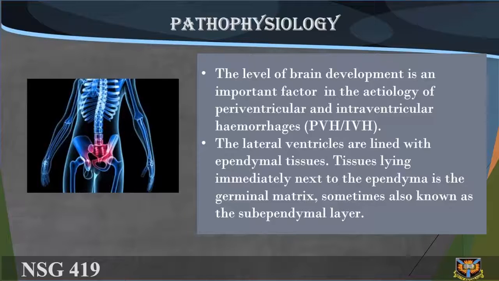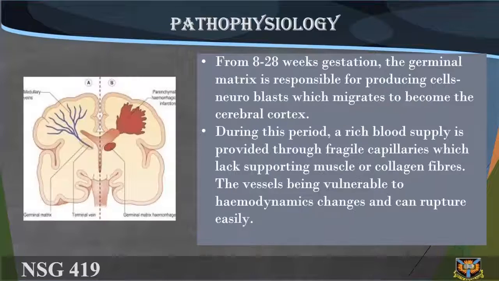Pathophysiology. The level of brain development is an important factor in the etiology of periventricular and intraventricular hemorrhages, PVH or IVH. The lateral ventricles are lined with ependymal tissue. Tissue lying immediately next to the ependyma is the germinal matrix, sometimes also known as the subependymal layer.